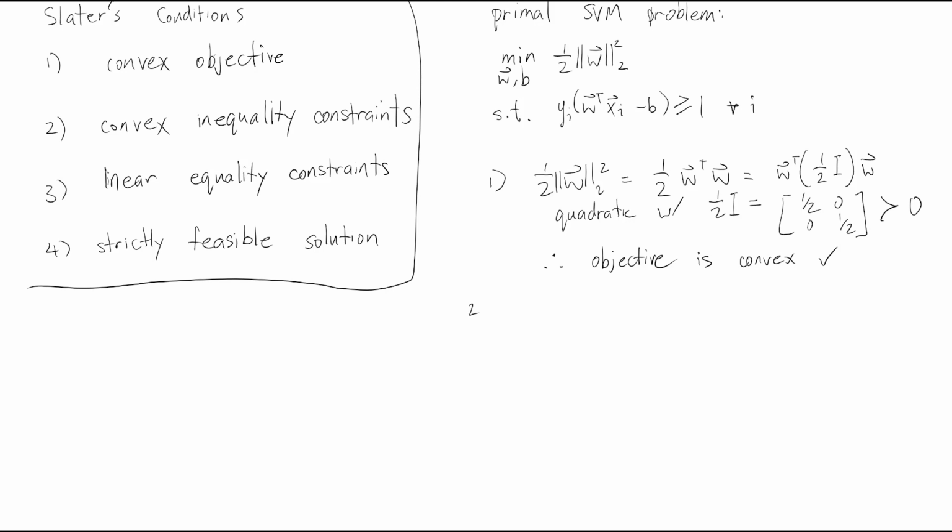For the second condition, it's actually pretty easy to check. We just have to check that the inequality constraints are convex. So we can rewrite the inequality constraints to make everything less than or equal to 0 on the right hand side.